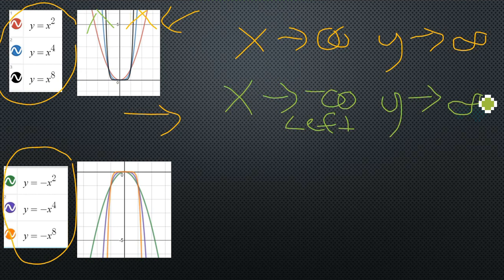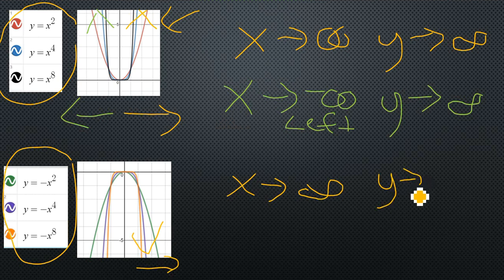Okay, same thing down here. Now if we put a negative in front of our even degree polynomials, it'll flip upside down as we can see here. So again, we're going to go through here and look to the right. As we look to the right, okay, so as x approaches positive infinity, it looks like the graph goes down.